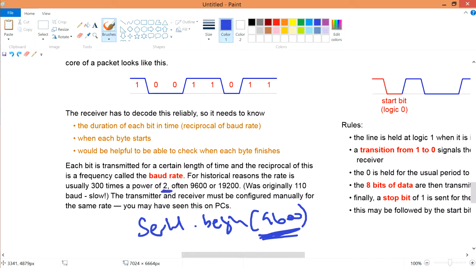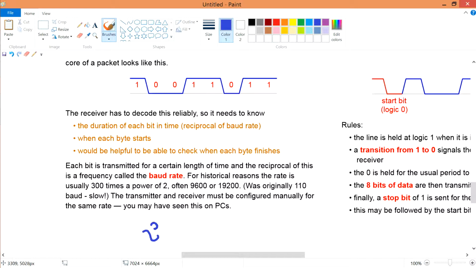This baud rate is 2 to the power of 300. Sorry, my fault, if I type 2 to the power of 300 it would be a very big number. It should be 300 times 2 to the power of something.